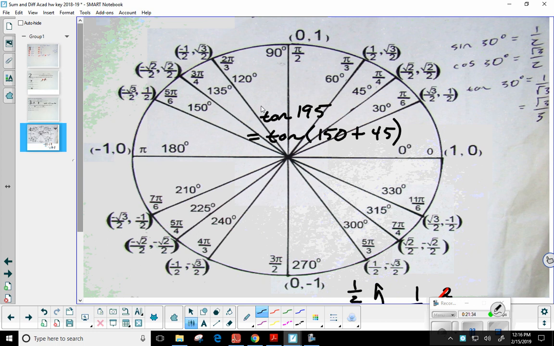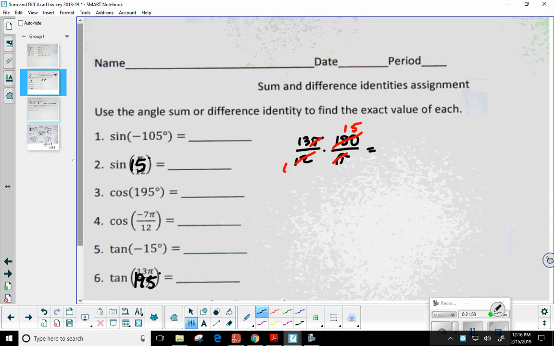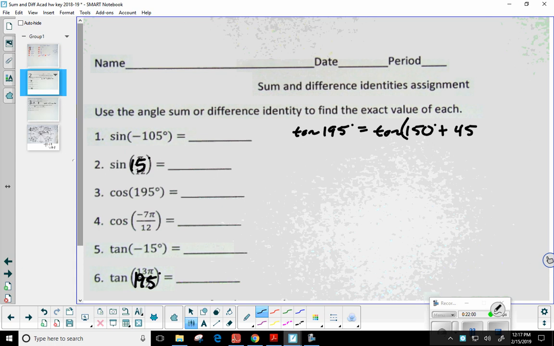Okay. So is everybody okay? All right, so let's go ahead and make this one alpha. Let's make this one beta. And it's just a matter of simplifying. Okay. So let me go back over here where I have some room. Get rid of this. So tangent of 195 degrees, we're going to say that's tangent of 150 plus 45 degrees, alpha, beta. Okay, so let's go ahead and plug this in. So we know we're going to have tangent 150, tangent 45 up top.